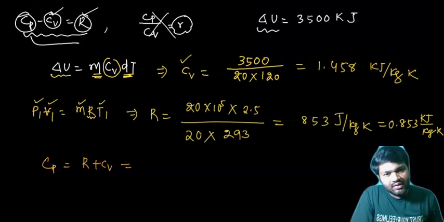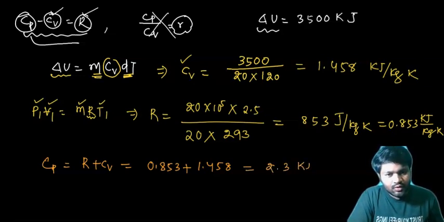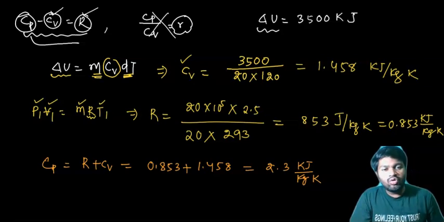R is equal to 0.853 plus your Cv, that is 1.458. If we add these two, you can find the answer nearly equal to 2.3 kilojoule per kg Kelvin. So this is how you can find out all these values.